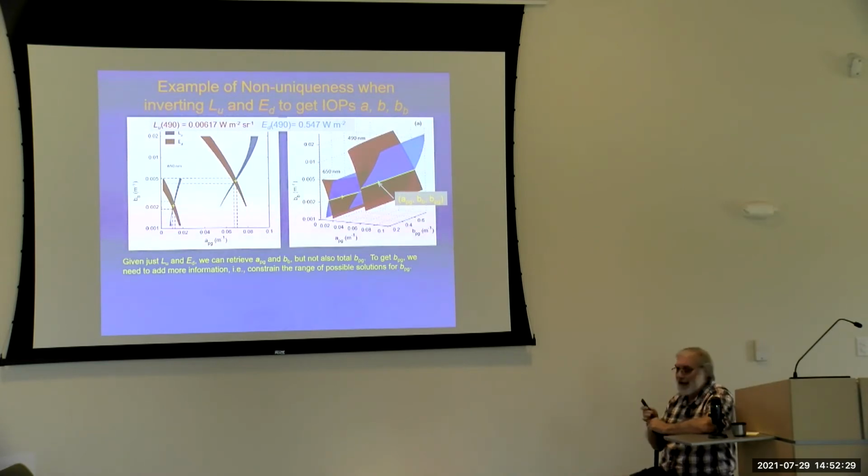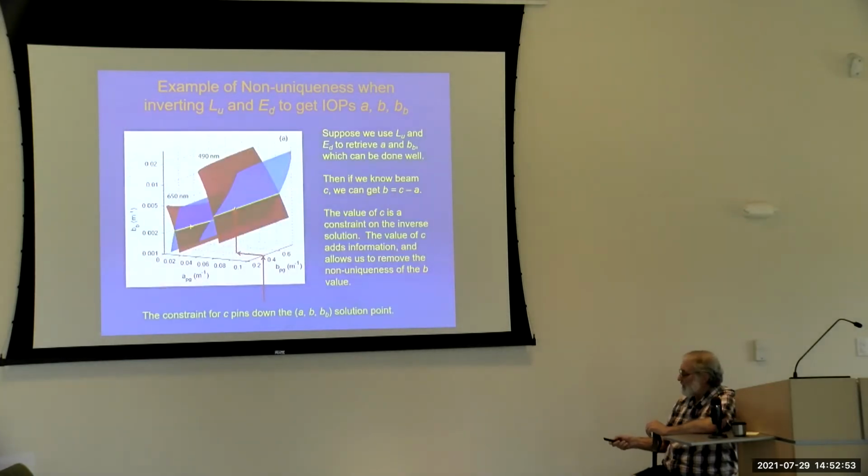The reason that happens is that remote sensing reflectance depends basically on bb over a, and what the total scattering was doesn't really matter. So if you want to figure out where along here the total scattering was, I need to come up with a third bit of information, a third optical measurement. Here's the way you could do that.